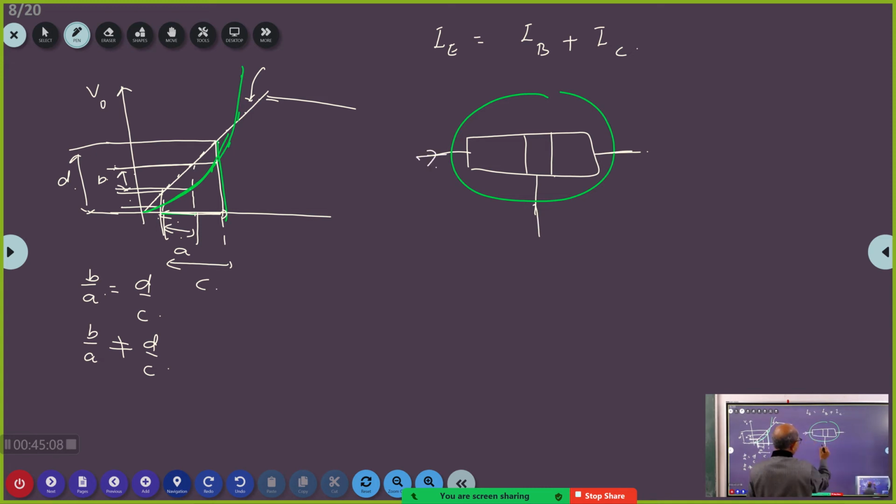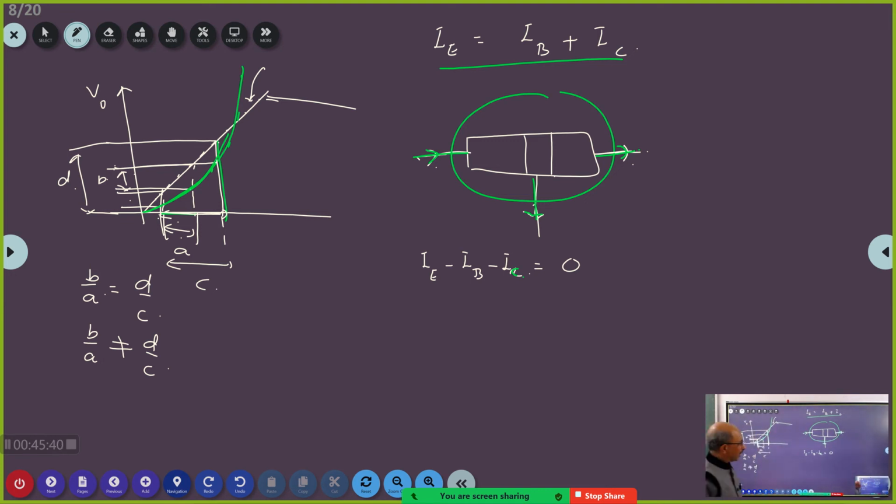Whatever current is entering has to leave. Understood? So now, if you take Kirchhoff's law, IE minus IB minus IC is equal to 0. Correct? So when we are writing this relation, it is very clear that this current is entering, this current is leaving, and this current is also leaving.